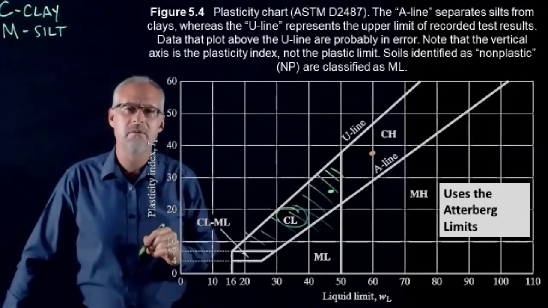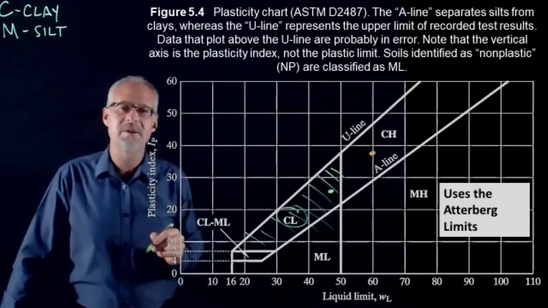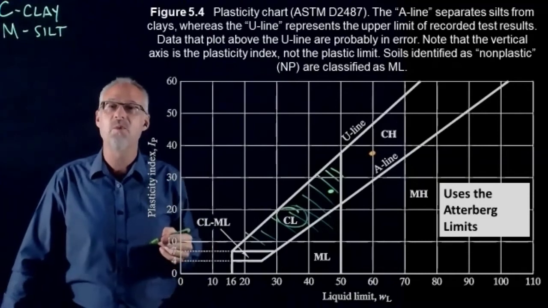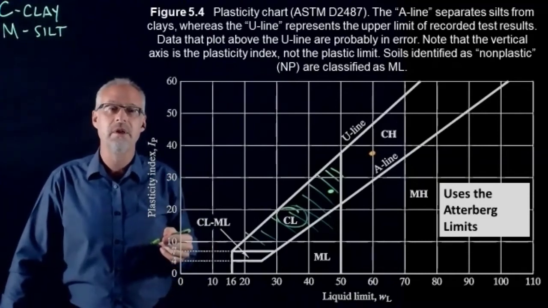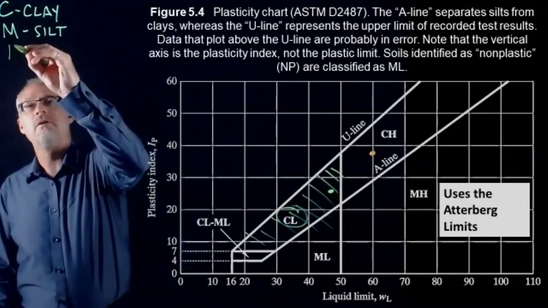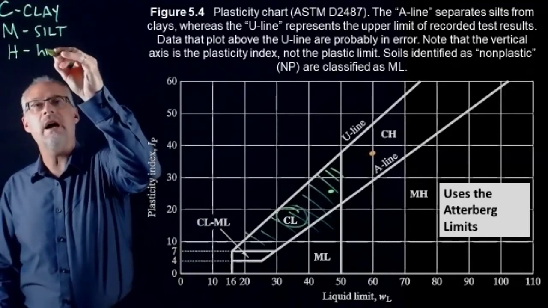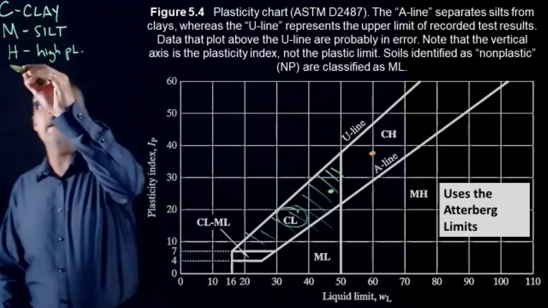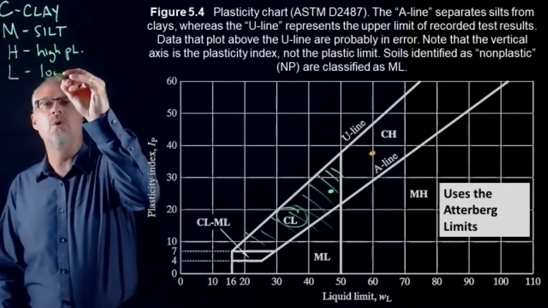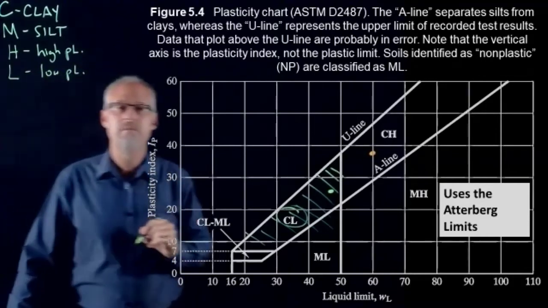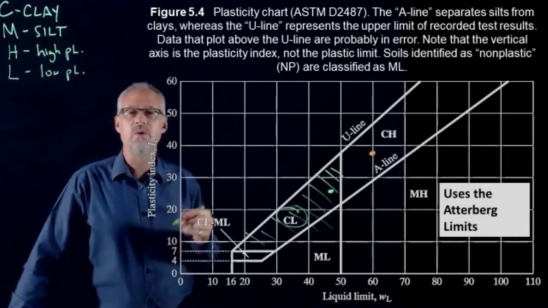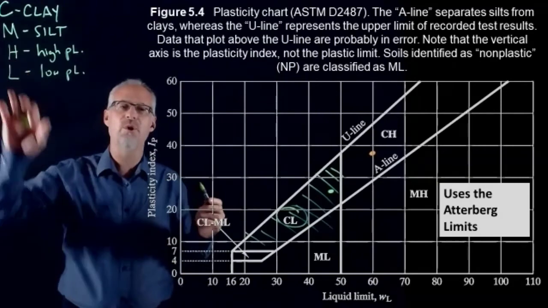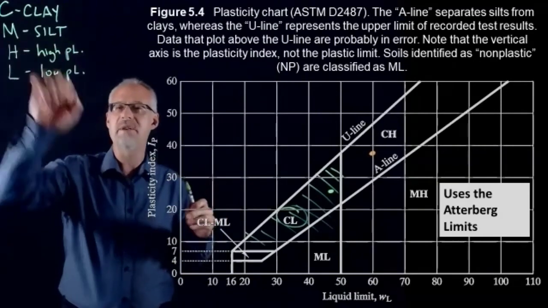S doesn't mean silt because S means sand, which we'll get to later, so S was already taken. So we use M for silt. H means high plasticity, and L means low plasticity. For fine-grained soils, these letter codes have these meanings.